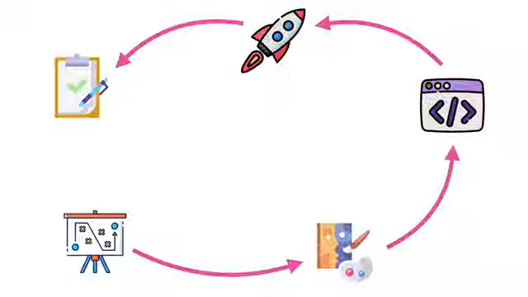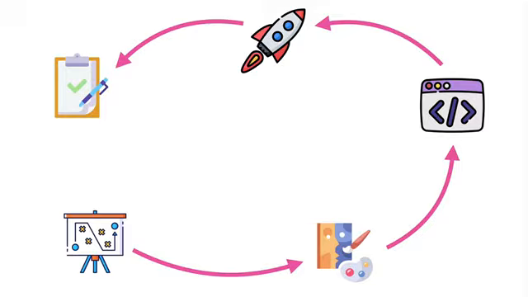Because most of the time when you create something, it's not 100% right from the beginning. So instead, you learn from your first version that you launched, and then you iterate. That is, you improve upon it.